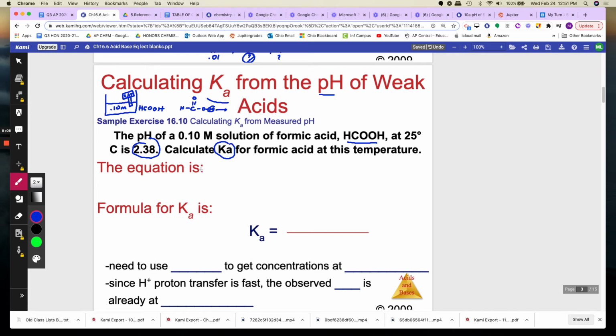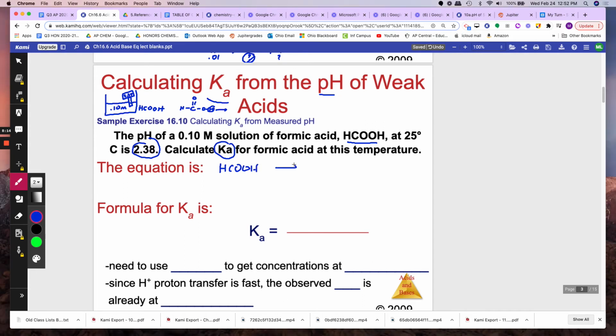First let's write an equation. The equation is HCOOH arrow HCOO minus plus H plus. The formula for Ka is H plus times HCOO minus, products over reactants, HCOOH.